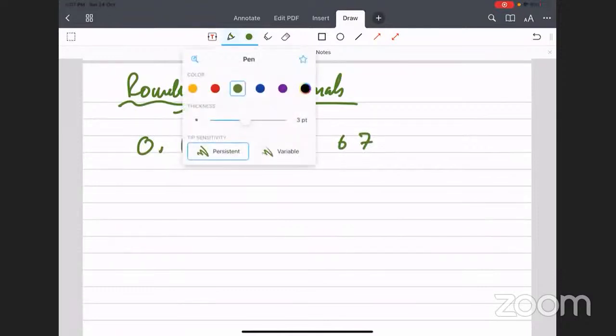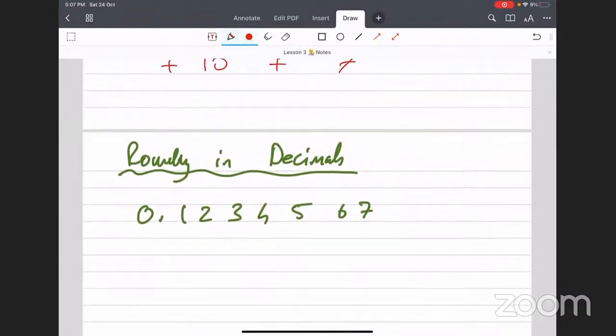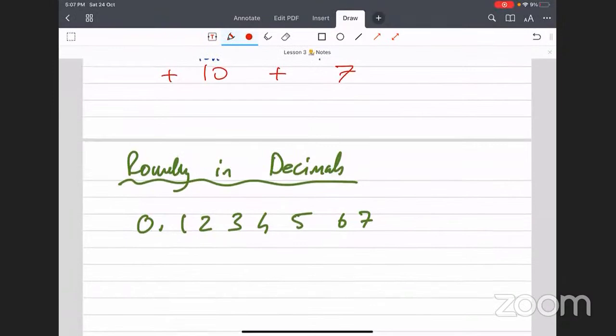This is called rounding to the nearest decimal place.